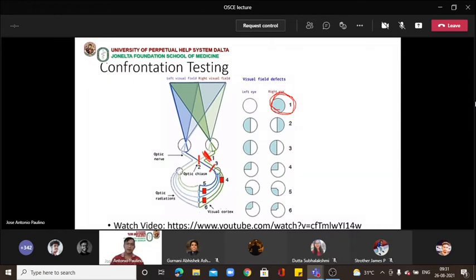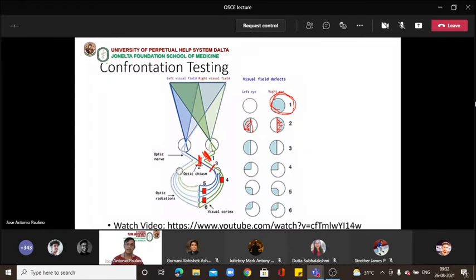However, if the patient has a problem in the optic chiasm, here in the area labeled as number 2, the patient will have a bitemporal hemianopia, meaning the patient can still see well. However, the visual fields on the right and left lateral areas will be compromised depending on the eye.